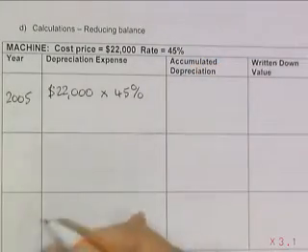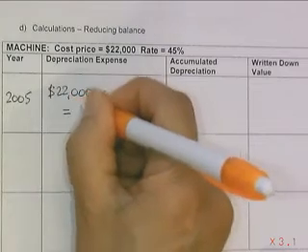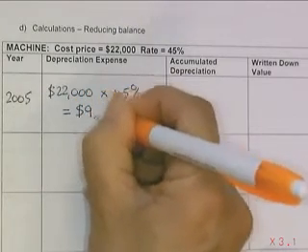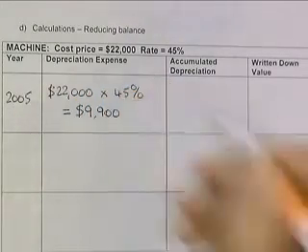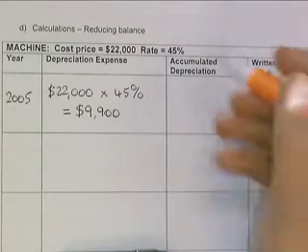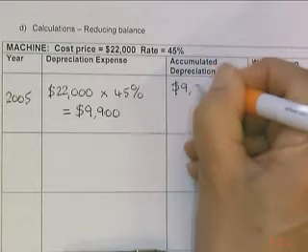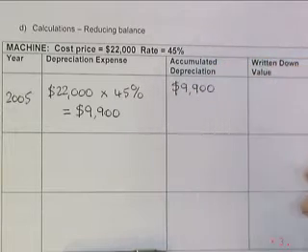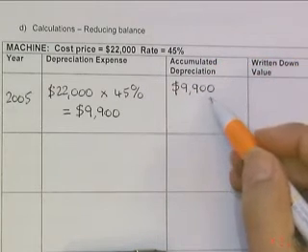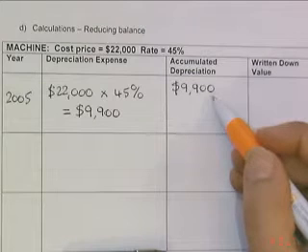The $9,900 in this particular year is the depreciation expense. For this year, it's all the depreciation we've charged through the life of the asset, so that also is $9,900.